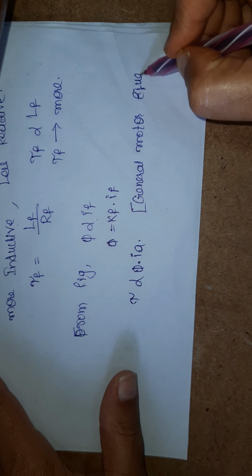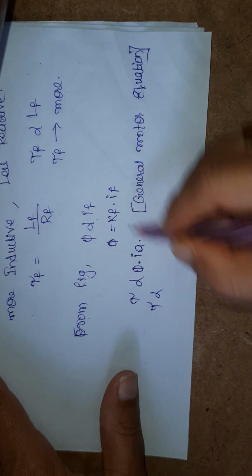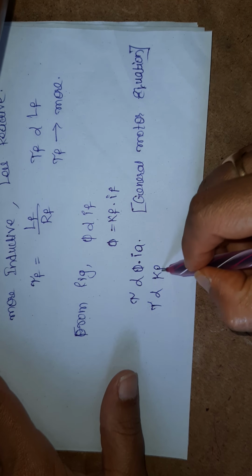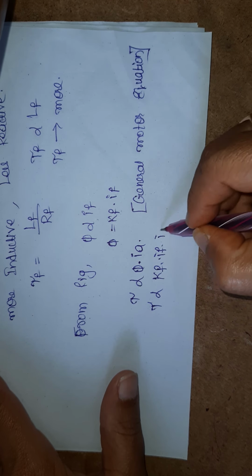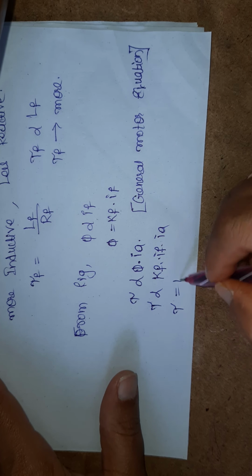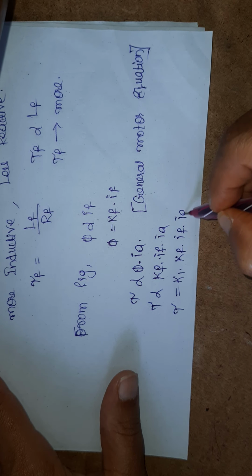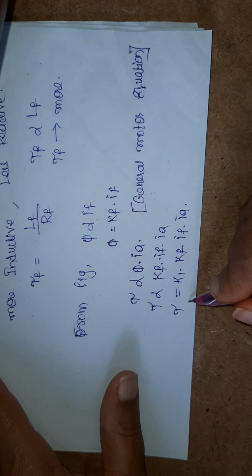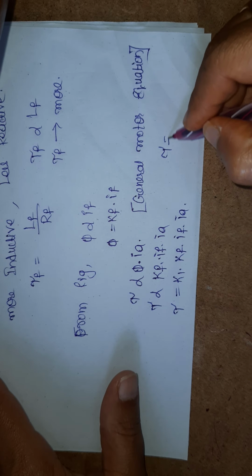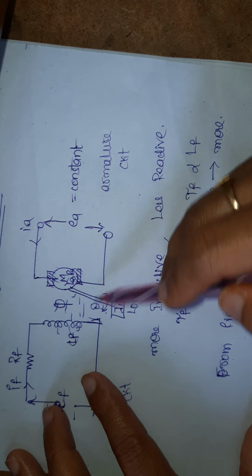So if I substitute phi equal to KF into IF, and remove the proportionality constant, I will get tau equal to K1 KF IF into IA. Here IA is constant, not IF.